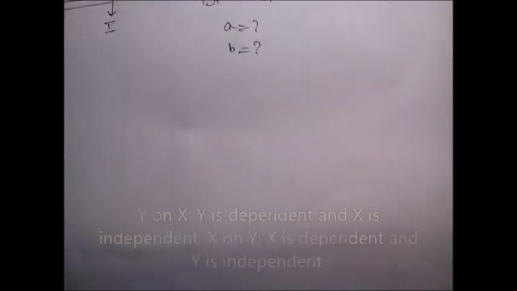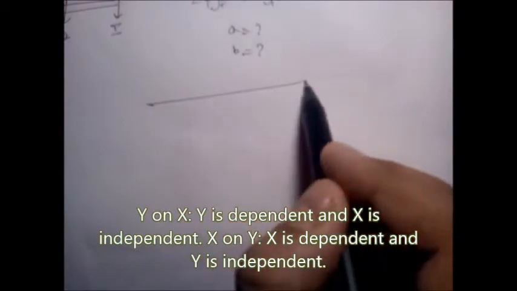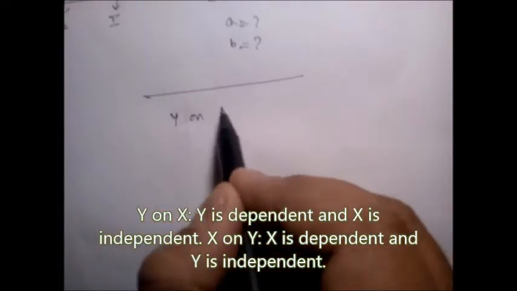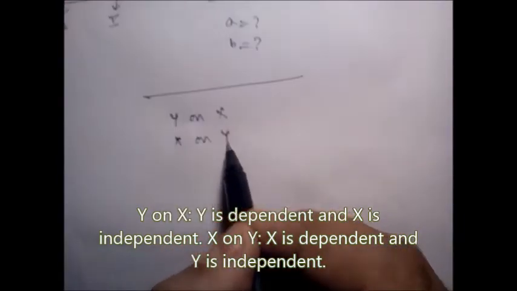Now the angle between two lines. Already we know that there are two lines of regression, y on x and x on y.